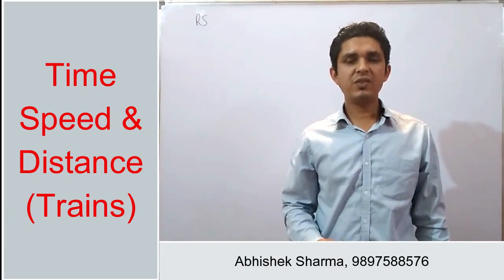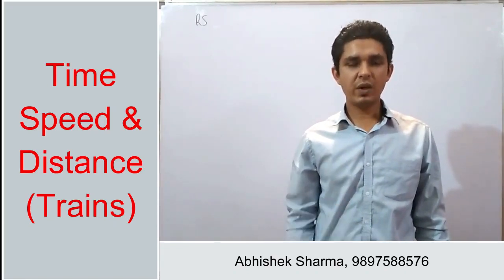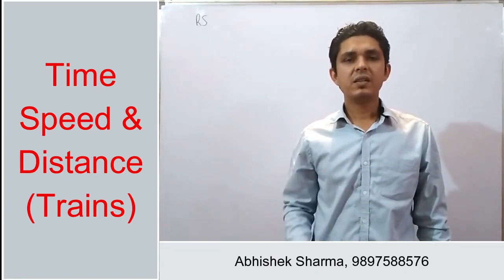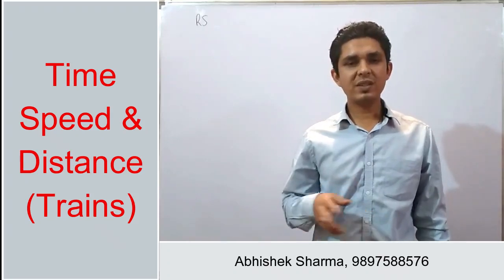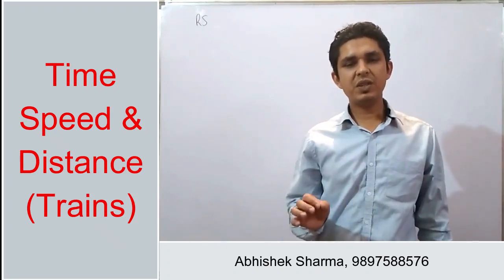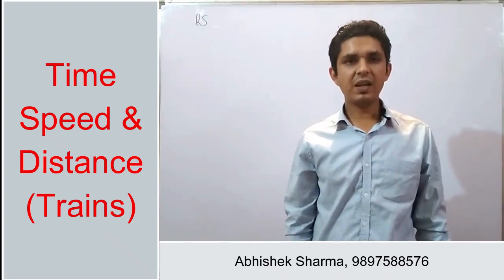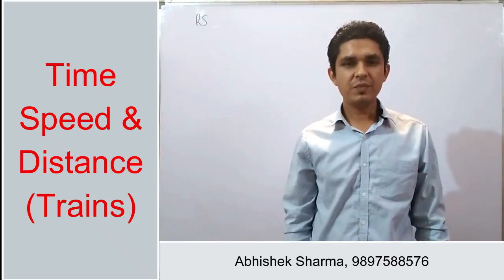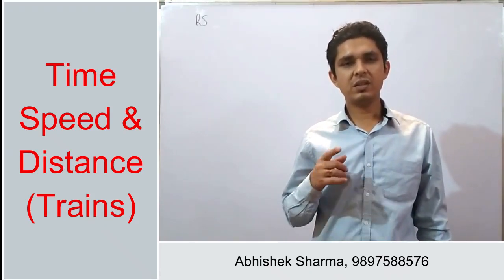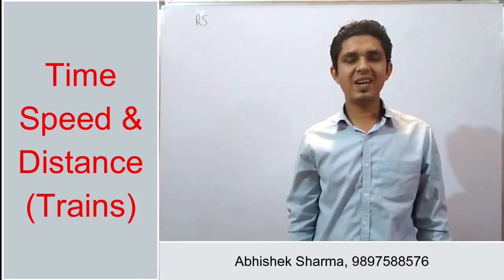That means for relative speed, two bodies are required. When both the bodies are moving in the same direction, the relative speed is subtracted. Like there are two bodies A and B, both moving in the same direction with speeds x and y.